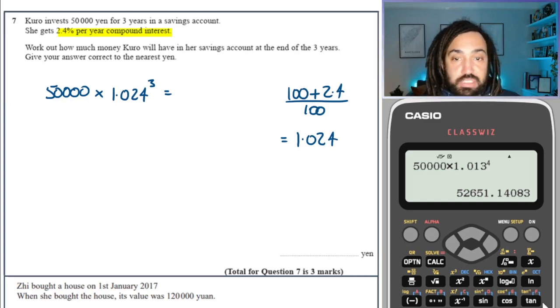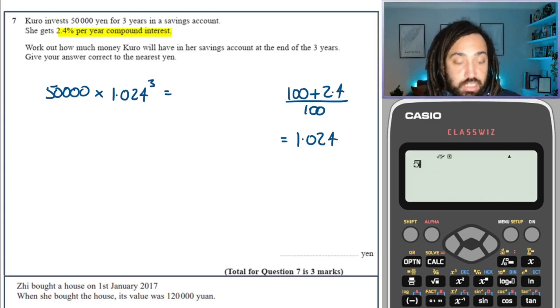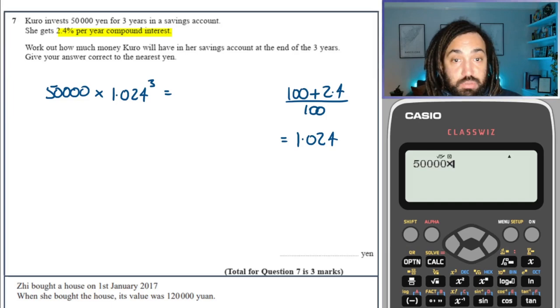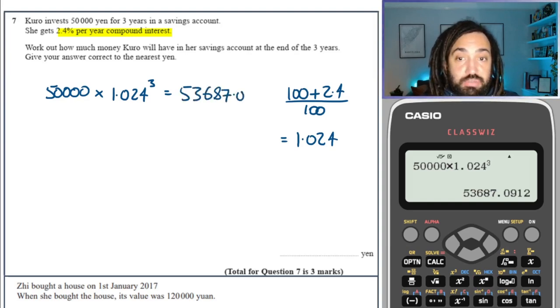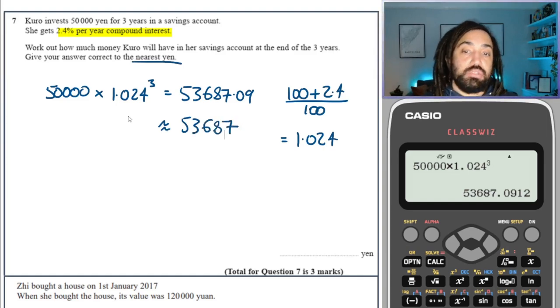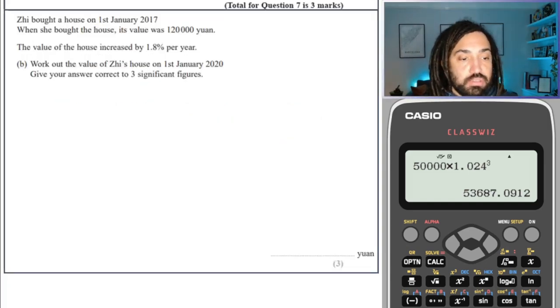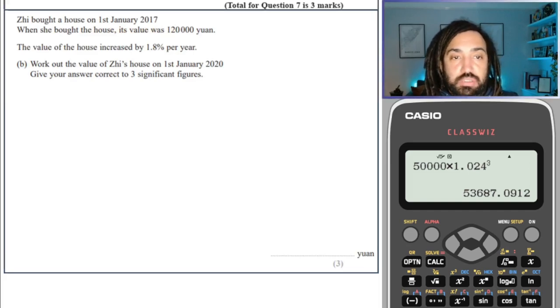Okay, to the calculator. Again, 50,000 multiplied by 1.024 to the power of 3, and that gives us 53,687.09, to the nearest yen, so approximately equal to this. Perfect.